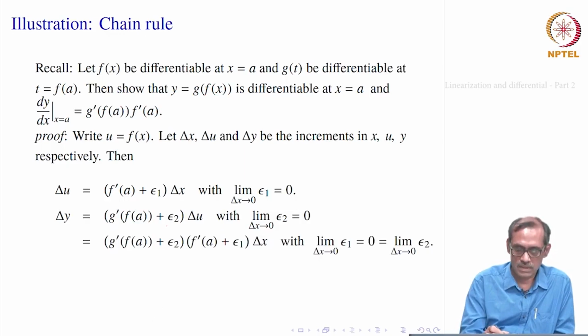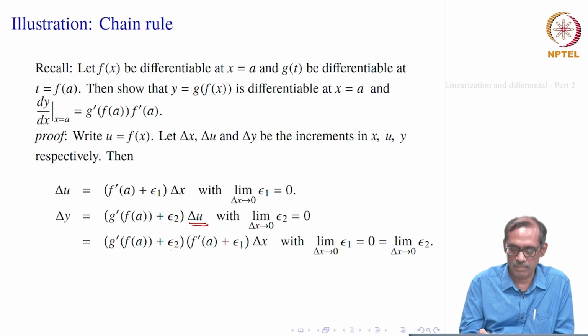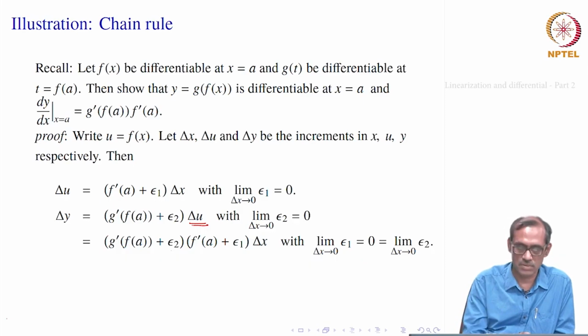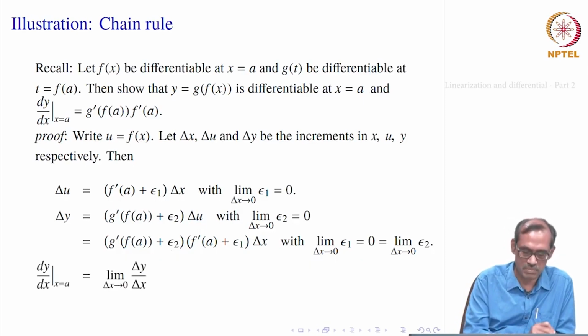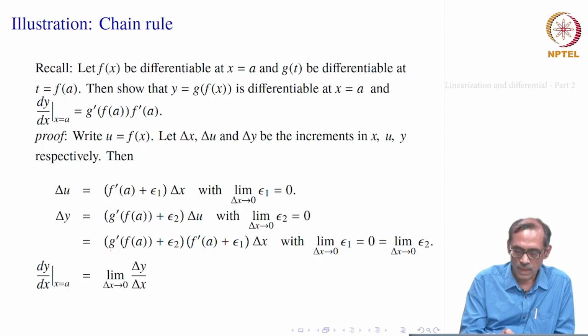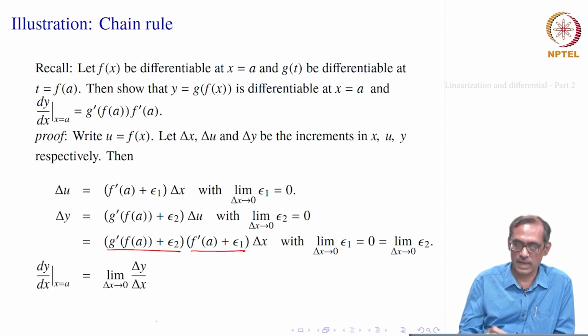Now, we plug in the earlier expression here. This gives g prime of f of a plus epsilon 2 into delta u. So, delta u equal to f prime a plus epsilon 1 delta x, with of course both the limits equal to 0 as delta x goes to 0. Now, you simplify this expression and see what happens. It is g prime of f a plus epsilon 2, one expression, another is f prime a plus epsilon 1, into delta x.